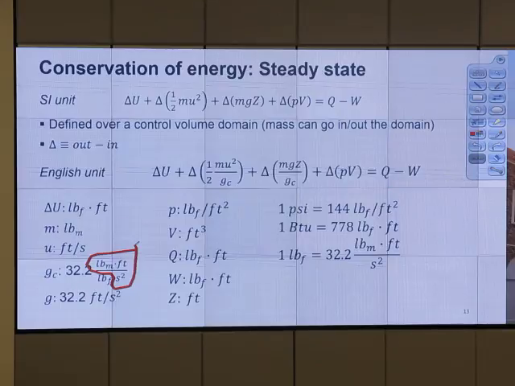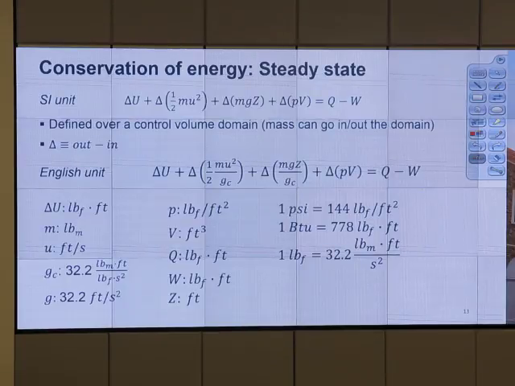However, customary people don't like pound mass foot per second square. They like to report work in pound force foot. So whenever they report in pound force foot, that G sub C is to convert from regular force to pound force.